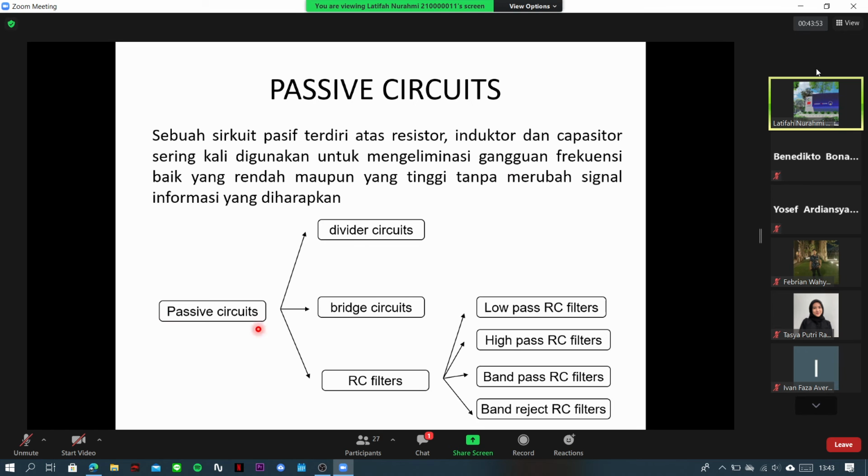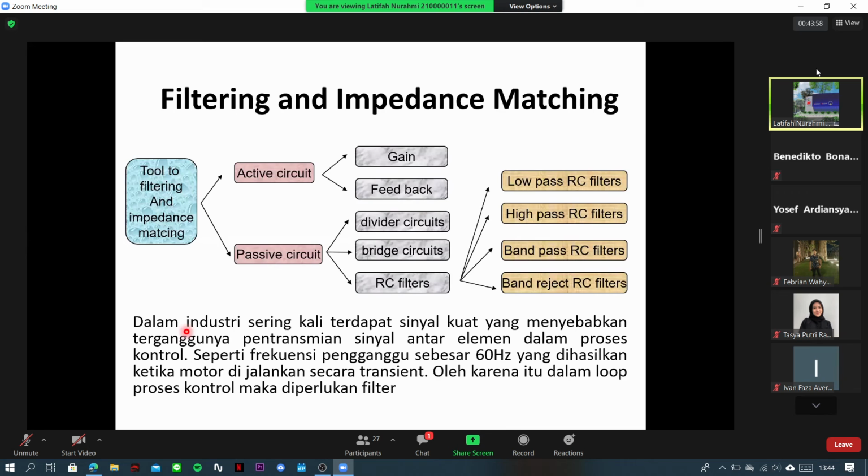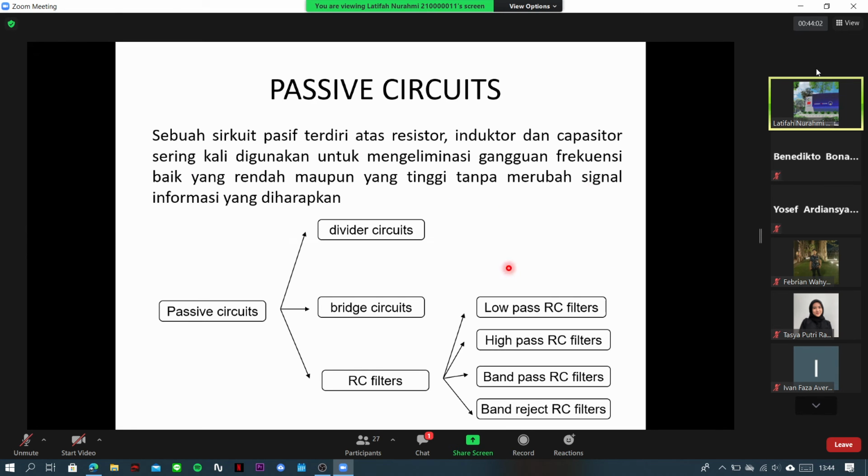Again, if you remember the previous classifications, now we are focusing on the passive circuit. You will have divider circuits, bridge circuits, and also the RC circuits, RC filters.